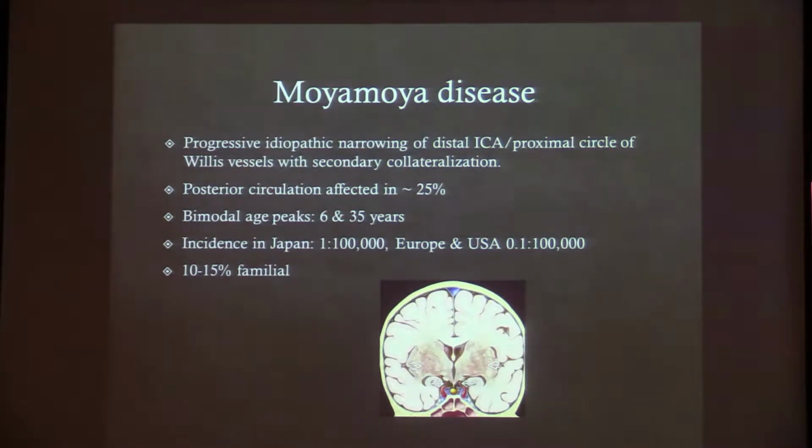In around 25% the disease also affects the posterior circulation. It has a bimodal age distribution at around 6 years old and 35 years old. The disease is rare, but the incidence in Japan is 10 times higher than in Western countries. And there is some familial association.